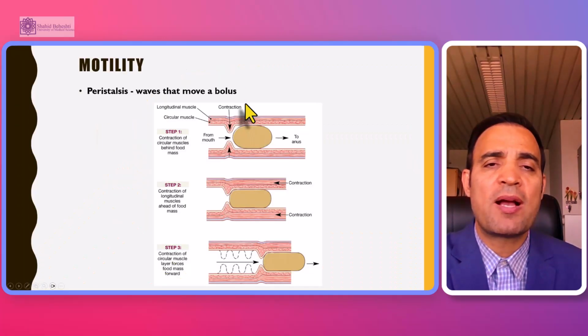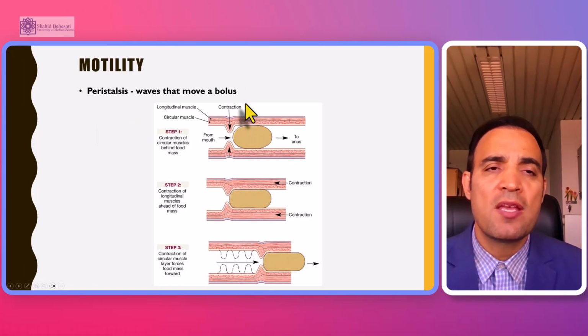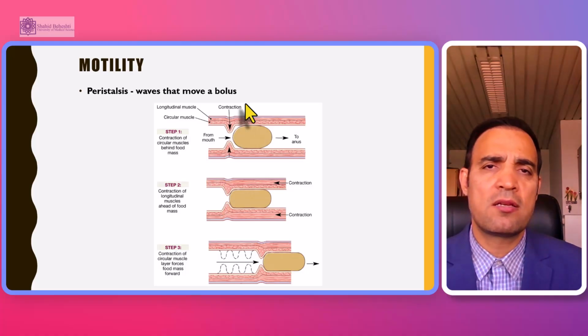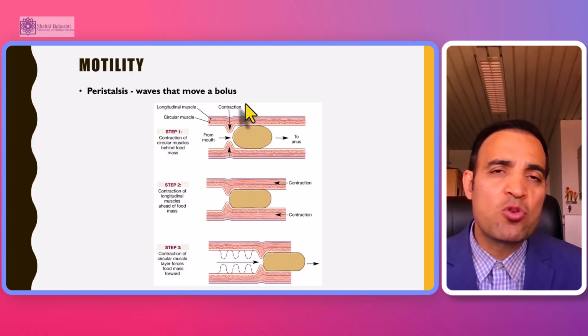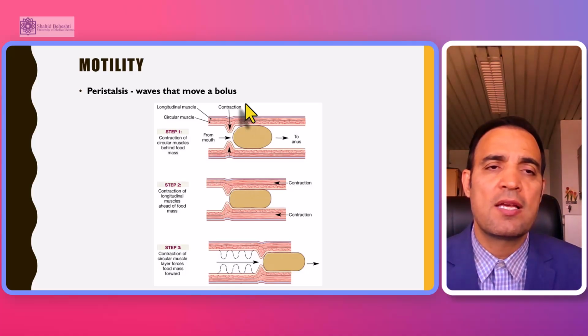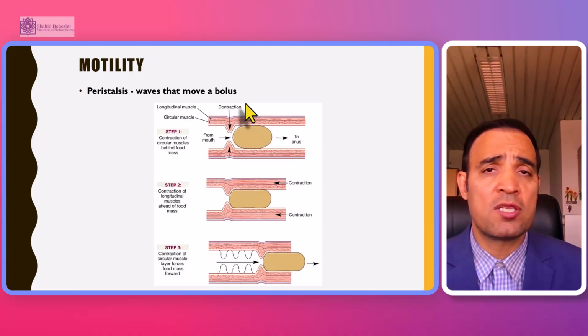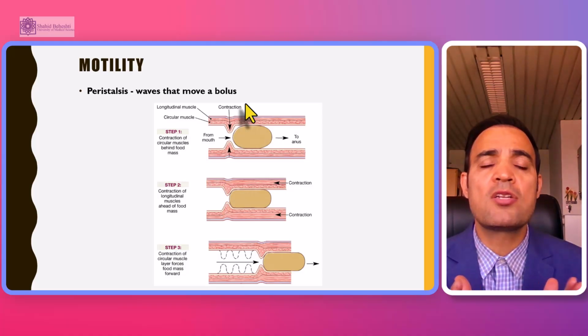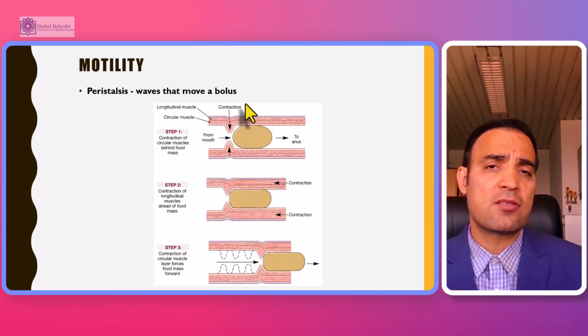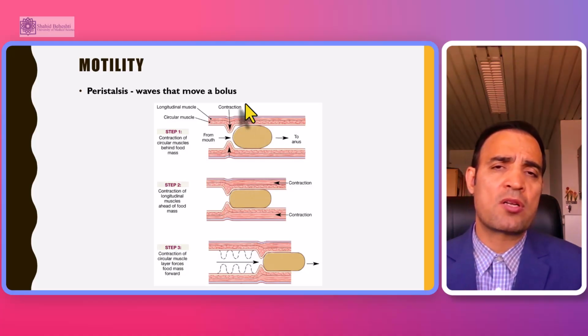When we are talking about motility, we should know that in the GI system we have two types of motility. These two types of motility are general, and not limited to some part of the GI system.